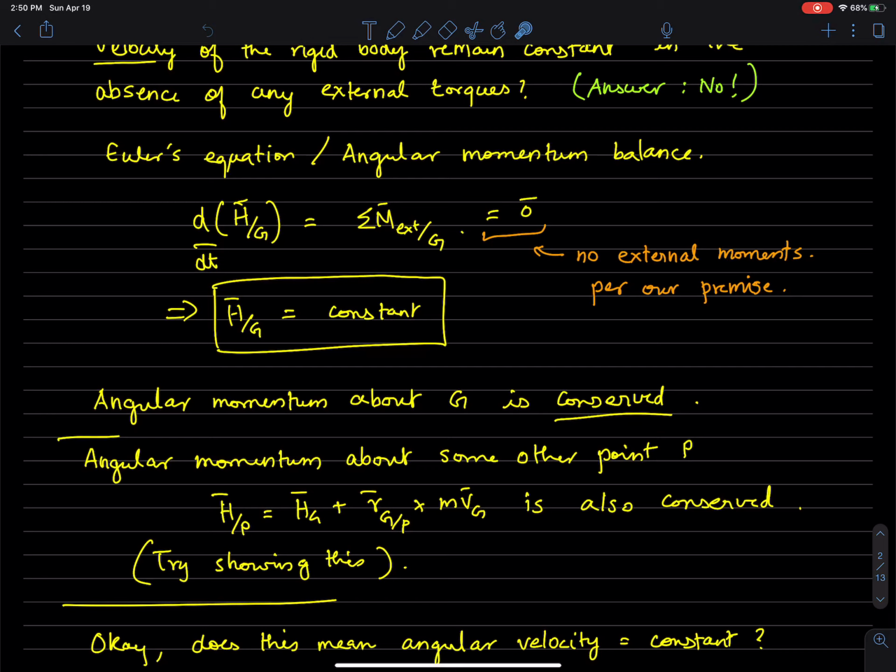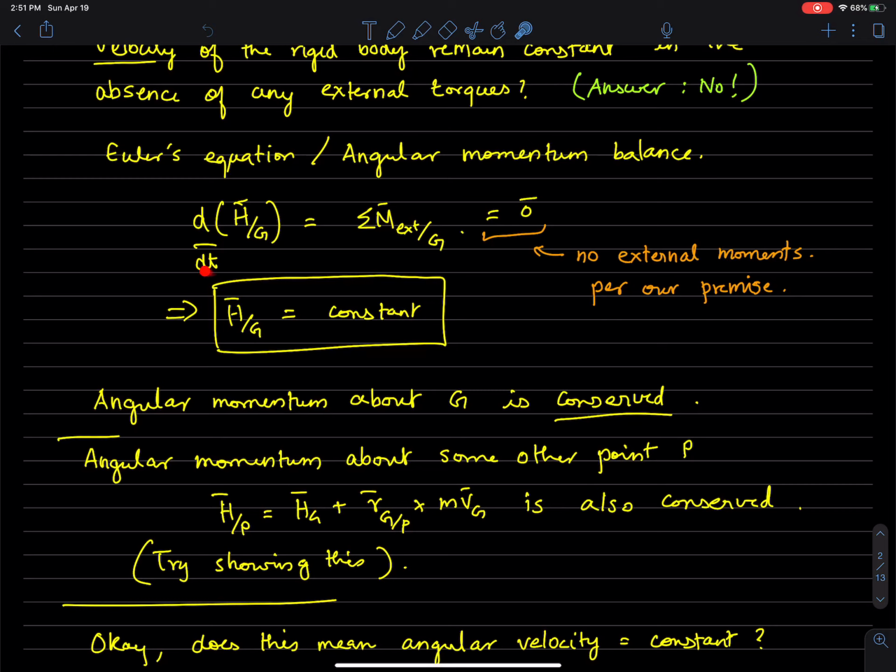In 2D we had sum of moments equals I alpha. In 3D, because the moment of inertia is a more complicated quantity, namely the moment of inertia tensor, we no longer have sum of moments equals I alpha as a correct and complete equation.